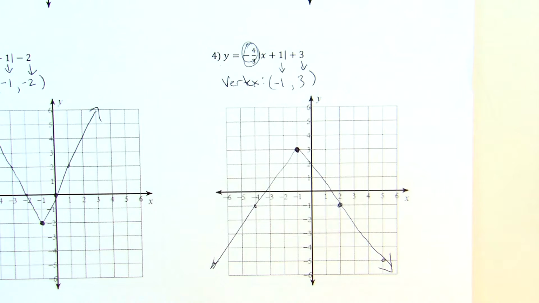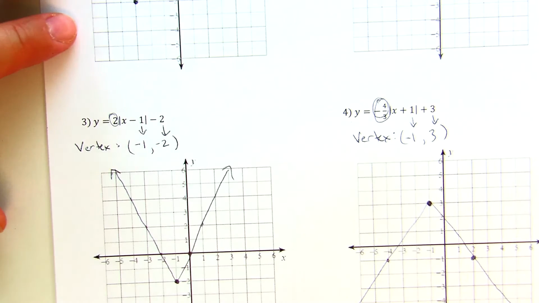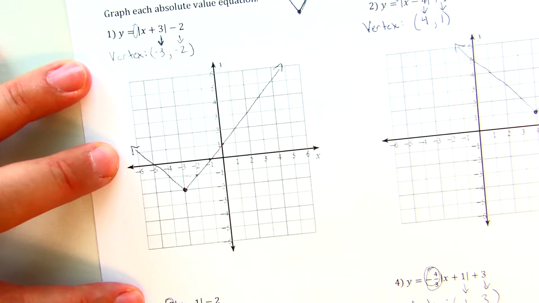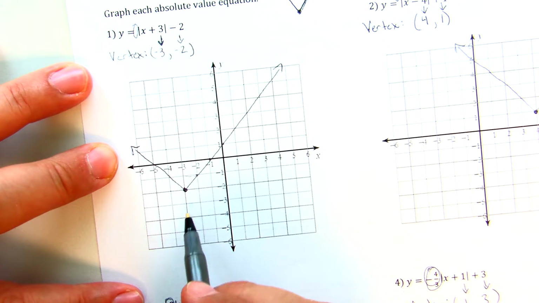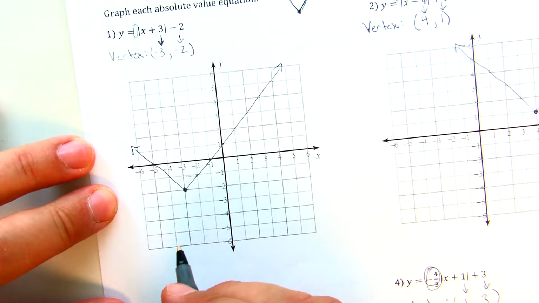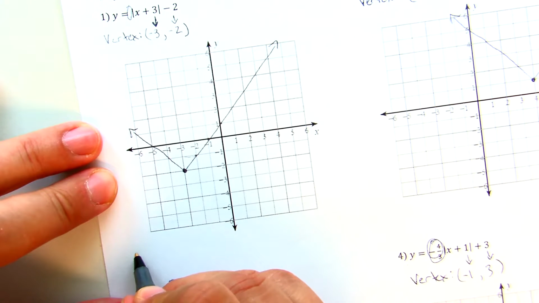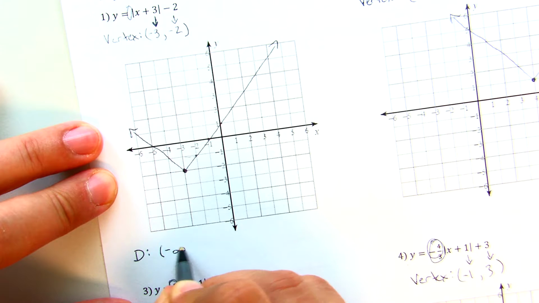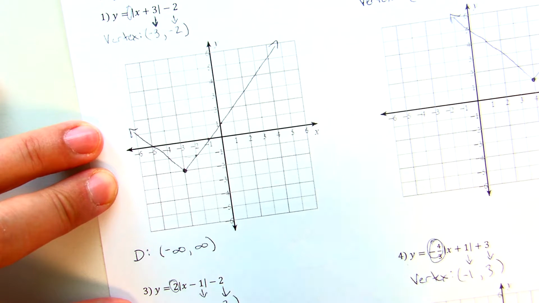Now let's talk just quickly, we've got a minute here, about the domain and range of each of these functions. So the domain of this first one, well, the domain of any absolute value function is always all real numbers, which in interval notation we write as negative infinity to positive infinity. I'll write that right there, D for domain.